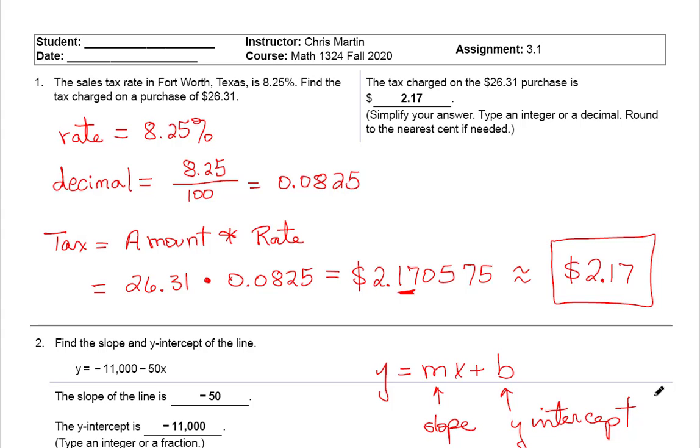So let's start. Here in question 1, we have the sales tax rate in Fort Worth, Texas is 8.25%. Find the tax that would be charged on a purchase of $26.31. All right, so our rate is 8.25%.